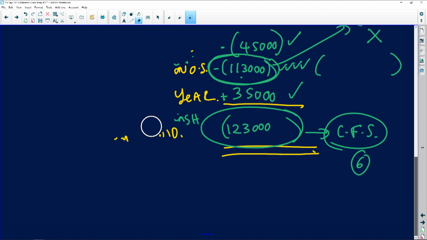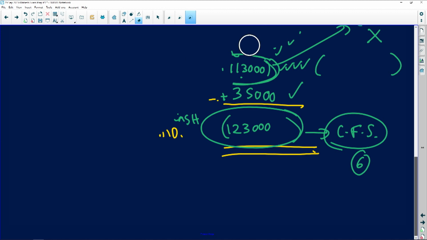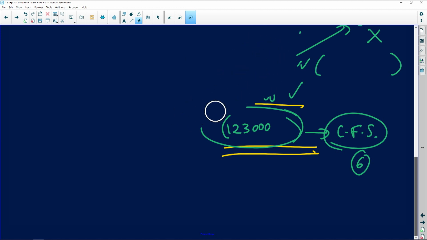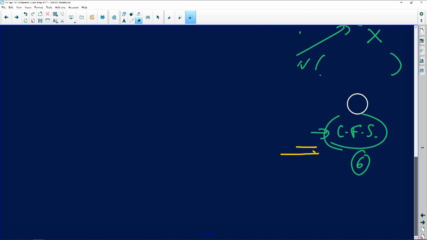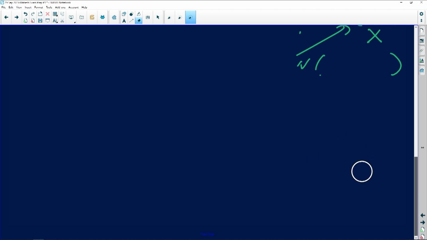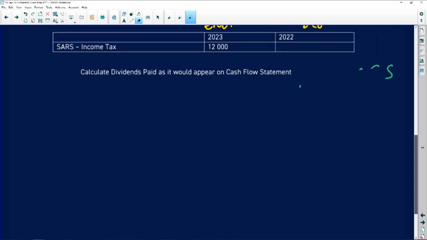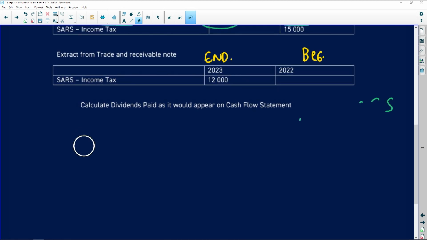Okay, hopefully you guys have taken that down. Right, and let's now turn our attention to taxation paid. Okay, almost done. There we go. Right, so let's assume we now have to calculate tax paid. Let's get a pen quickly. Tax paid.